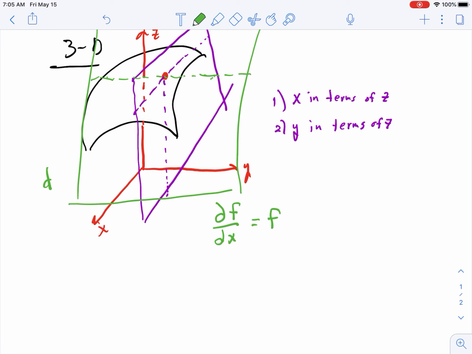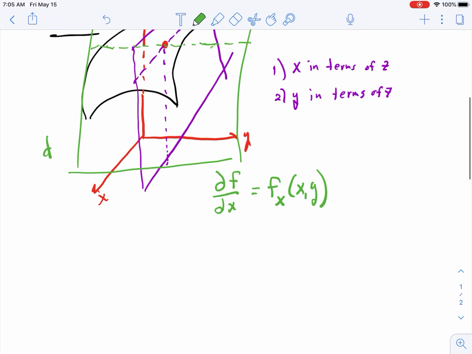Euler's notation would be f with an x on the bottom, of x, y, and that would be a partial derivative in x. If I did a partial derivative in y, the notation would be df dy, or f sub y of x, y. Okay, all right, so let's go through an example here.